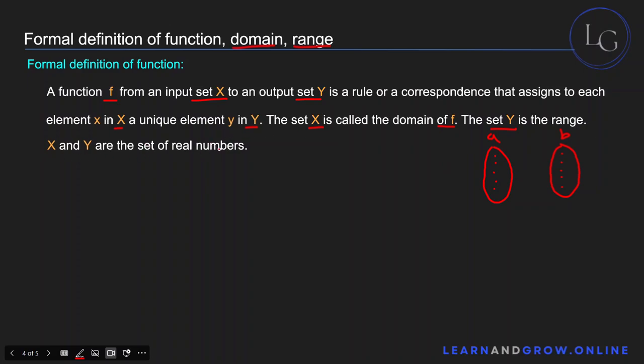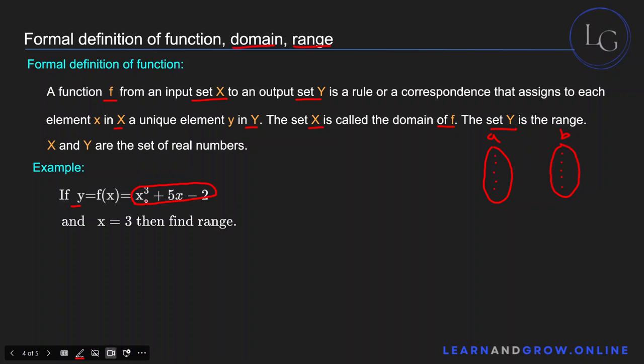And they have to be sets of real numbers, by the way. So here are some examples. You have this function that relates the output y with the input x, right? This whole correspondence is a cubic equation.